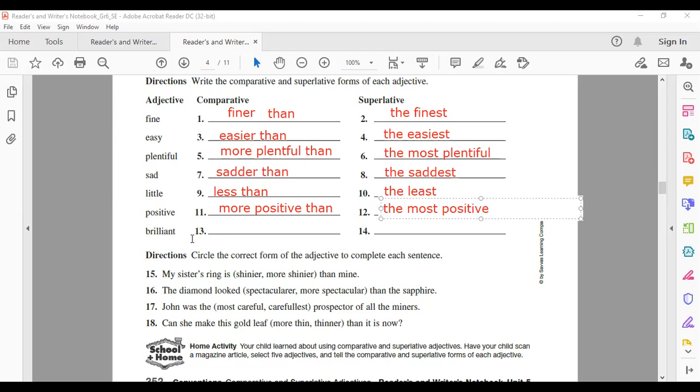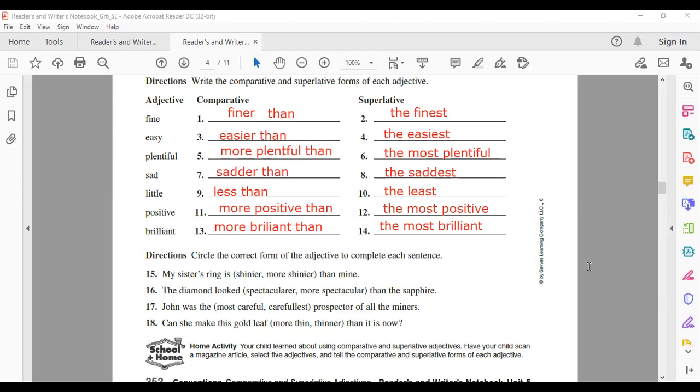Excellent, my girls. Okay, brilliant. More brilliant than. And make it superlative. The most brilliant. Excellent job. Okay, let's go right now to the next one.